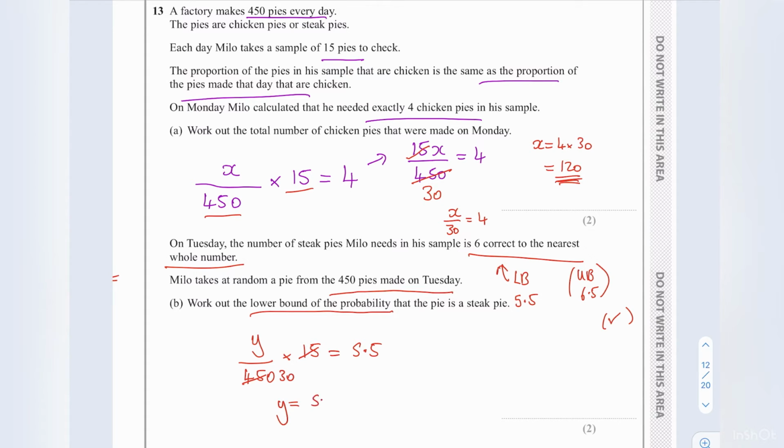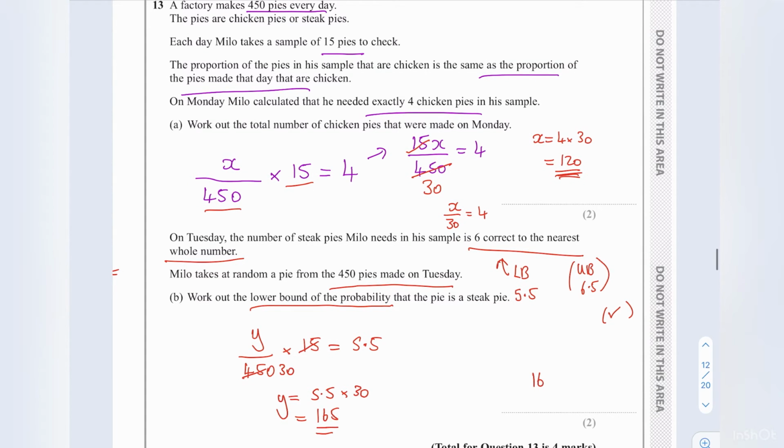So y must equal 5.5 multiplied by 30. This is equal to 165. So we now know there's 165 steak pies. So the probability of picking a steak pie would be 165 divided by the total amount of 450. It doesn't ask us to simplify, so we're going to leave our answer there.